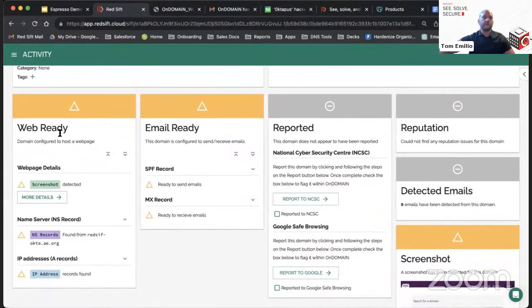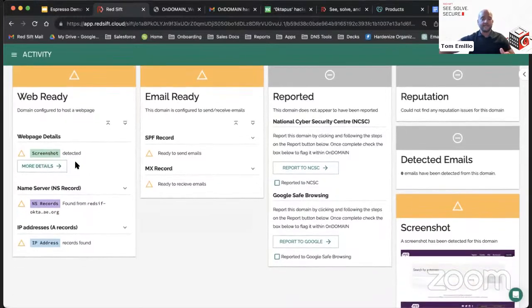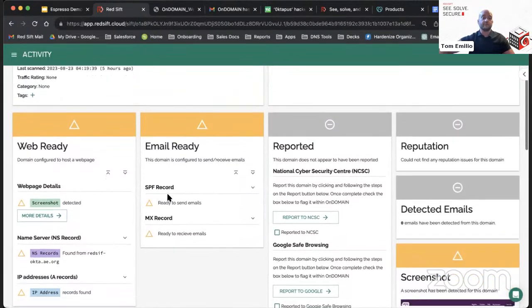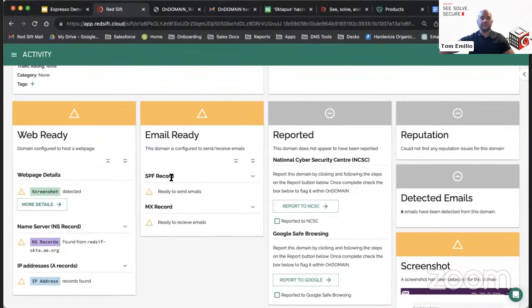OnDOMAIN is telling us this particular domain is web ready. What does that mean? Well, it has name servers, so it's properly hosted on a DNS level to resolve. It also has an A record, which is usually used for hosting a website or a landing page. On an email level, it is also ready to send email. It has an SPF record, and it can receive email.